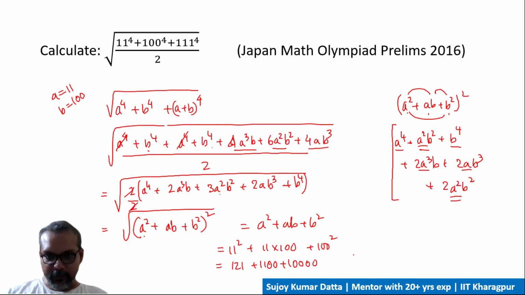So that is going to be, sorry, and if we add 121 to that, so that will be 11221. So that is the answer. Let's go on.